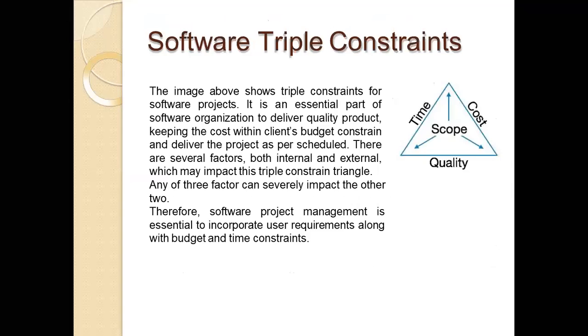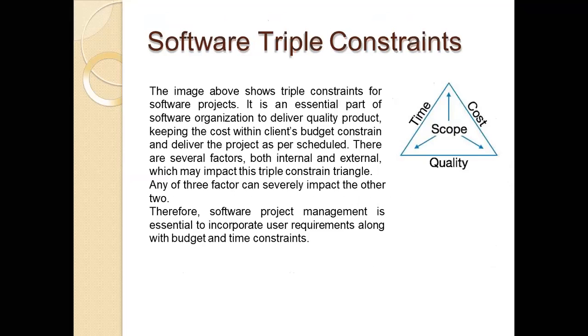So you can see that software revolves around three things, or we can say it has triple constraints. The image on the right side shows the triple constraints for a software project. It is an essential part of a software organization to deliver a quality product, keeping the cost within the client's budget constraint and delivering the project as per the schedule.